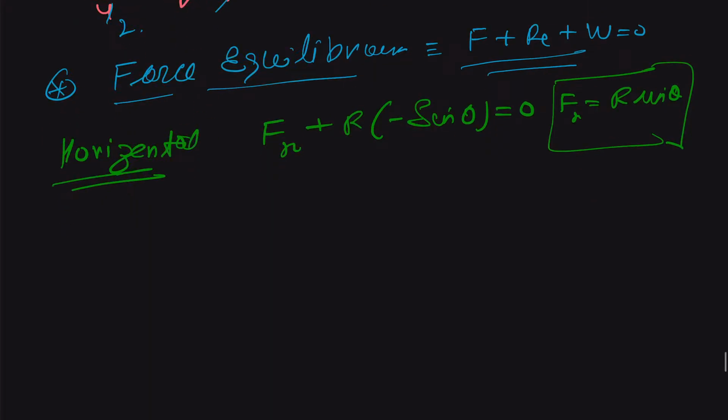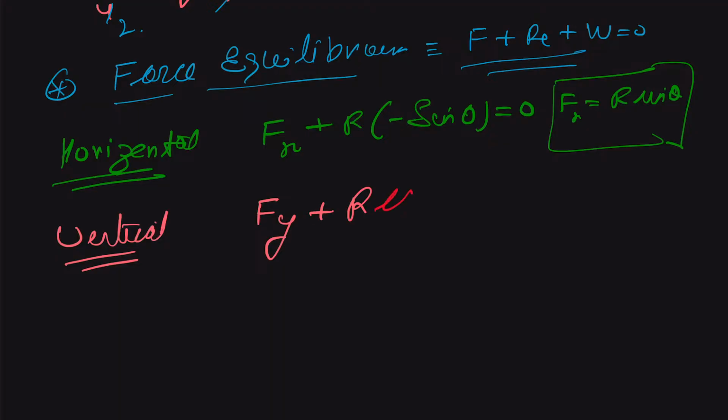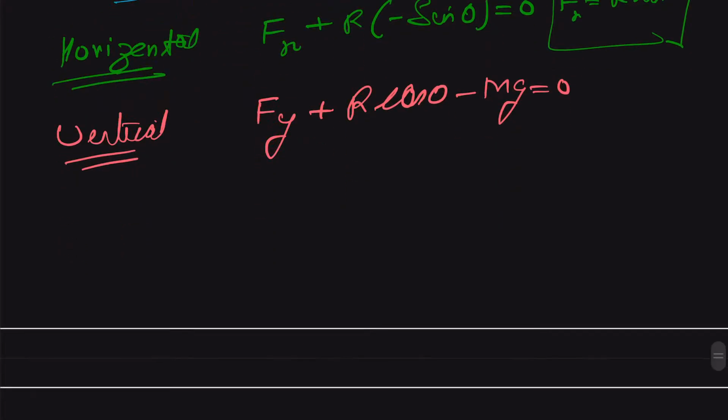And then the vertical. For vertical we have F of y plus R cos of theta minus mg is equal to 0. Therefore we get that our vertical component F of y will be equal to mg minus R cos of theta.